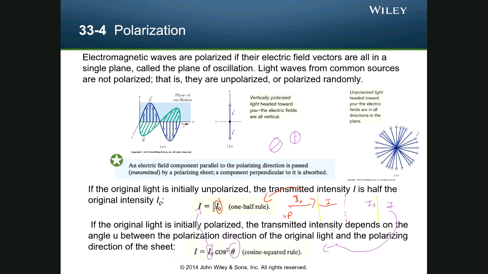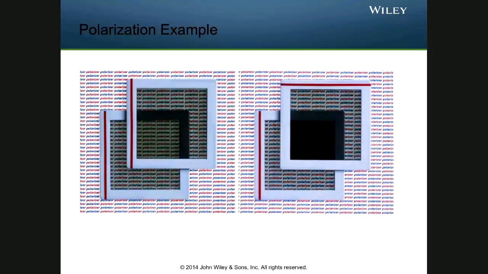So let's go. I believe we're coming up on a practical example. So the angle, I want to write it again, I for polarized light equals I naught cosine squared theta. Now I want you to notice here you have unpolarized light in the background. That's this polarizer. You'll notice in both of these cases it loses about half its intensity going through the sheet. And the angle that we were talking about is the angle between these two red parts here.